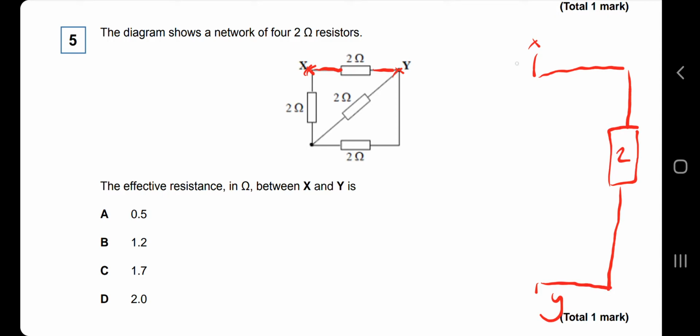Then what happens is we can go another direction, where we go straight through a 2-ohm resistor to a junction. So on this side, I'm going to go through a 2-ohm resistor and get to a junction.